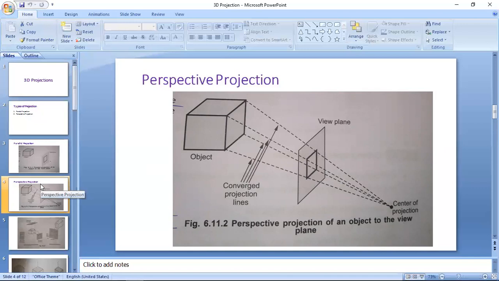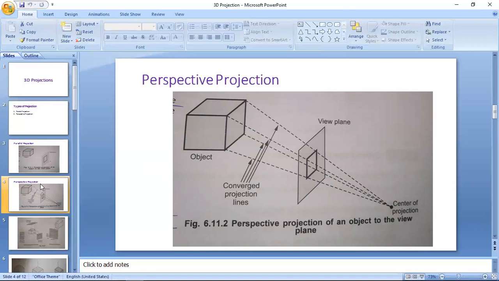The important point to remember is that it produces a realistic view but does not preserve relative proportions. It gives you the realistic view but the dimensions will change.